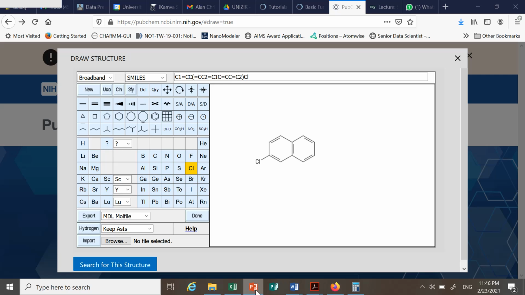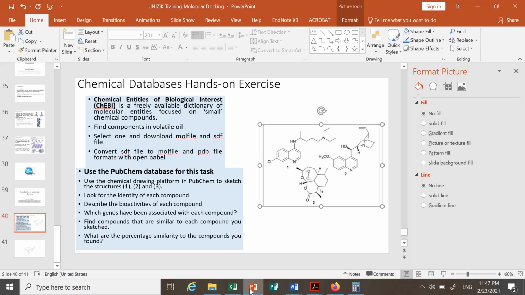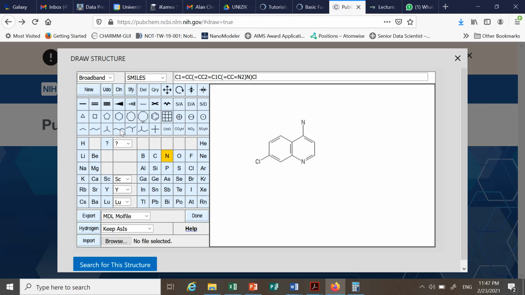Take a look at it again. There's an N here. There's an imine. Okay, cool. And then in here, there's a link here. So another nitrogen. Okay, I'm going to link that to this.